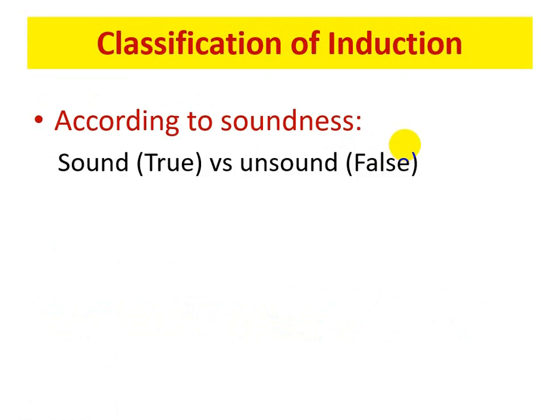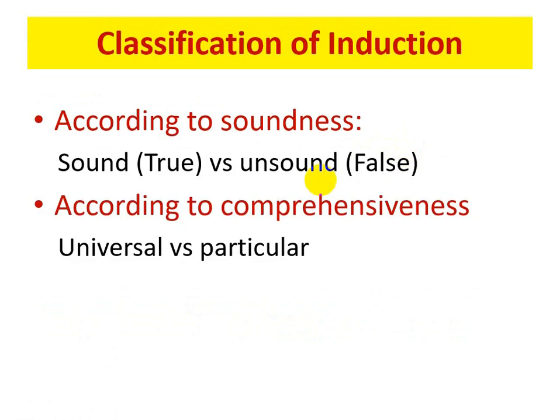So we can classify induction into different classes. Number one, according to the soundness, because we may have sound or true, or unsound or false inductive arguments. And according to the comprehensiveness, we may have universal induction or even particular induction.